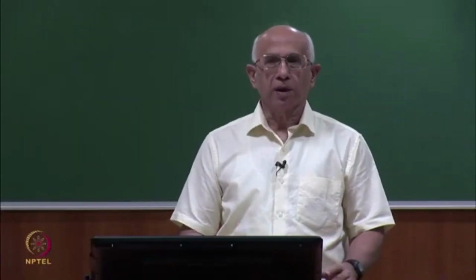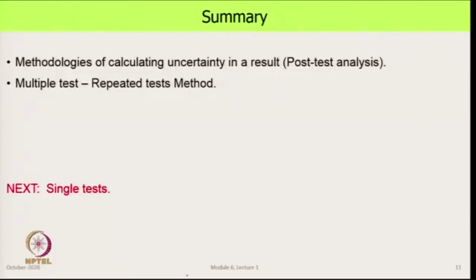So, what we have done in this lecture is we have looked at what are the various options in terms of methodologies that we have for calculating uncertainty in the result. Right now, we looked at one method which was good for post test uncertainty analysis only.